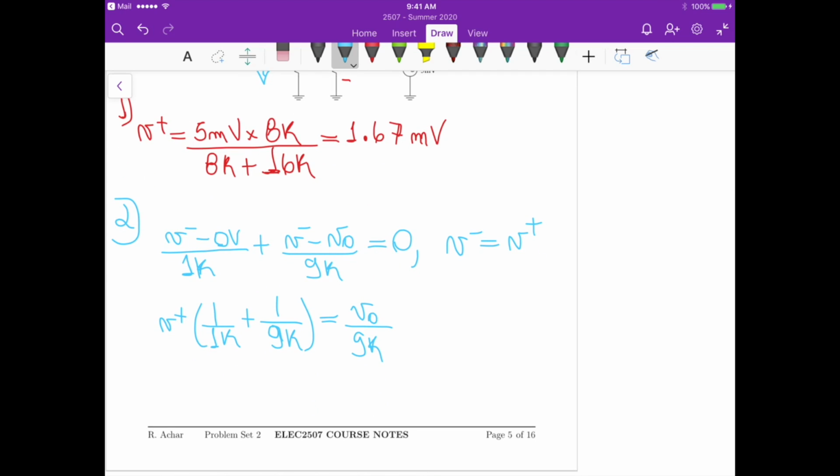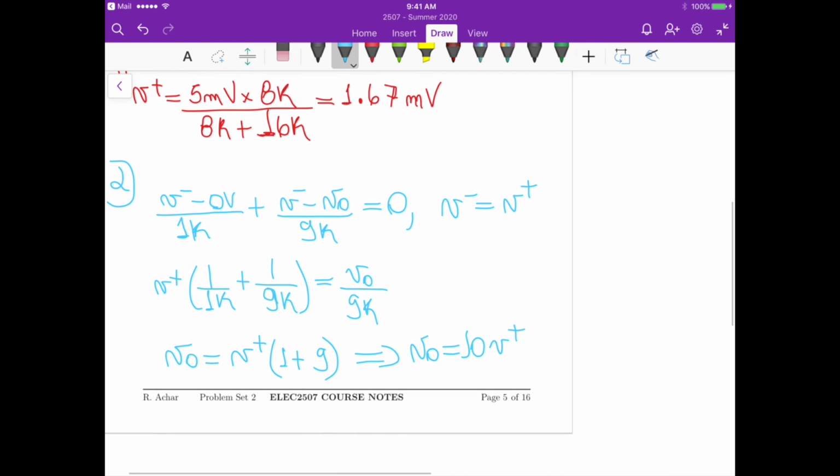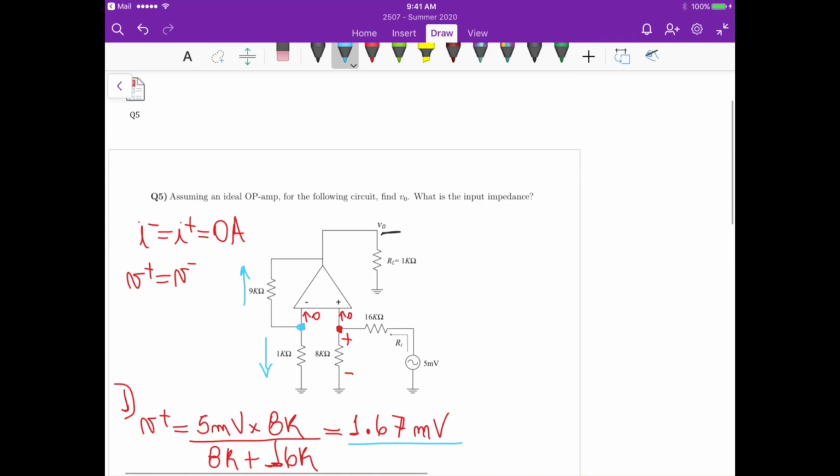And that's the same as V out equals V plus times 1 plus 9, which implies that V out is actually 10 times V plus. So this is a non-inverting amplifier, right? If we substitute here V plus as 1.67 millivolts that we have up there, we get that V out is actually 16.7 millivolts. So that's the answer for the second part. That's actually the answer for V out.